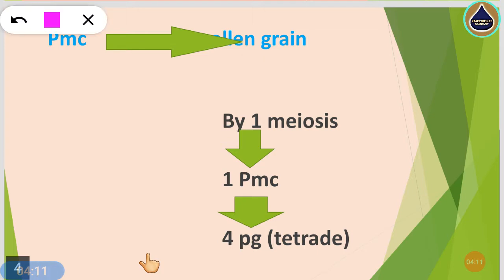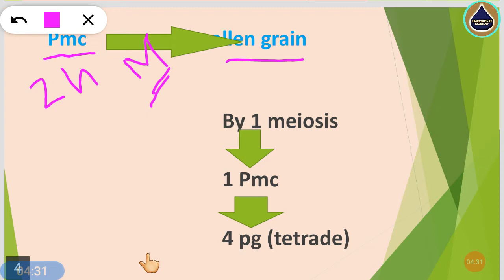So this pollen mother cell, PMC, which is 2n in number and having the double number of chromosomes, goes for the meiotic type of cell division, meaning meiosis cell division, and by meiosis this pollen mother cell converts into pollen grains.